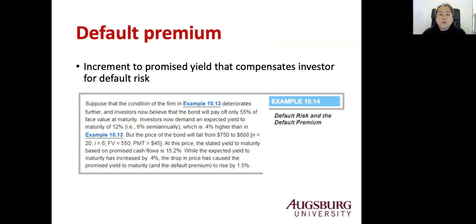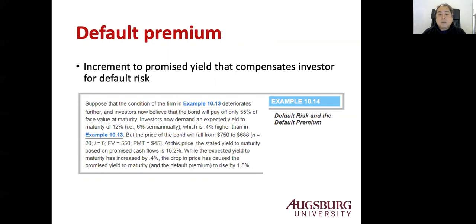Because the default risk increases, the price should decrease. So the price will fall from $750 to $688 because the required rate of return increases, right? At this price, the stated yield to maturity based on the promised cash flow is 15.2%. Now, while the expected yield to maturity has increased by 0.4%, the drop in price has caused the promised yield to maturity to rise by 1.5%.